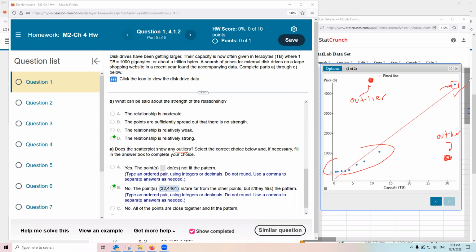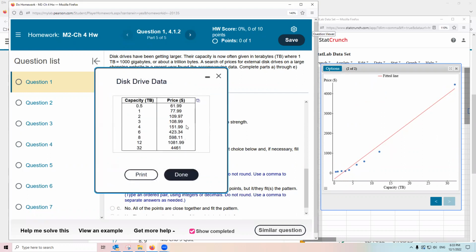Well, I can figure out what point that is by going back to the data set. Let me go back to the data table and get that point. Well, it's this point down here at the very bottom, right? It goes from 32 all the way up to 4,461. I mean, this is a very huge disk drive, 32 terabytes.